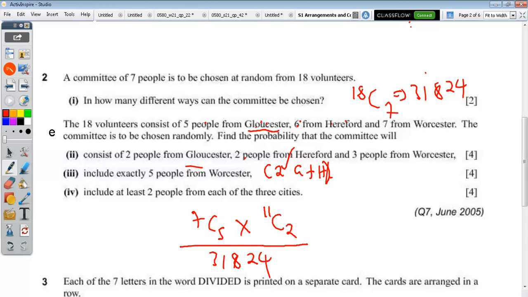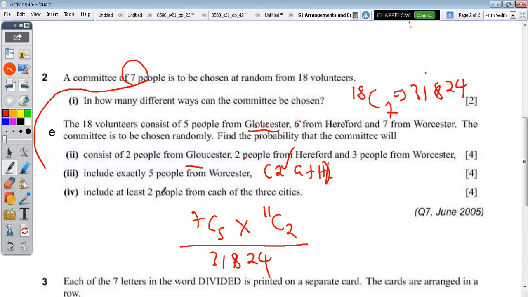Interesting. Okay, I just want to make sure I know how you got this. So we're including exactly 5 people from Worcester. At first, it was 2 people from Gloucester. Go back here. Your committee should always have how many? 7 people. Yes.